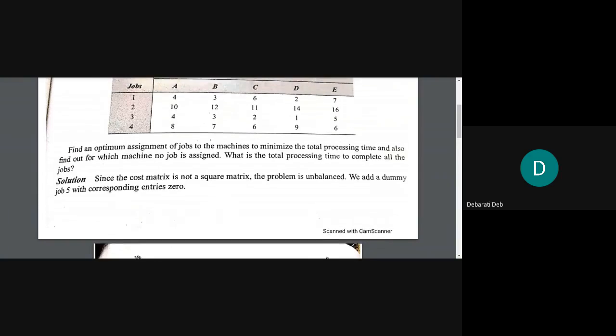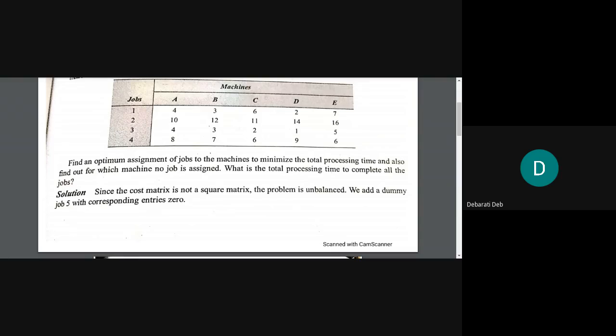See, the jobs are less in number, right? So we need to add a dummy job and name it as 5.